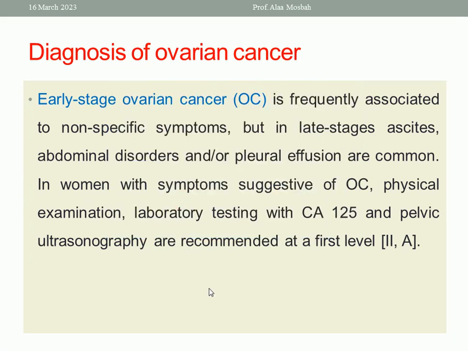So, you should start your diagnosis by evaluation of the symptoms, by doing physical examination, by doing pelvic ultrasound, which is very important, and ask for tumor marker CA125. This is the basic for diagnosis.